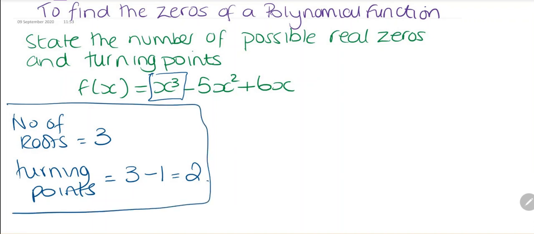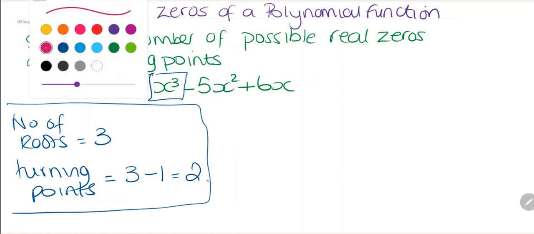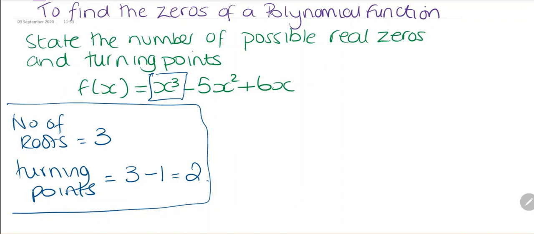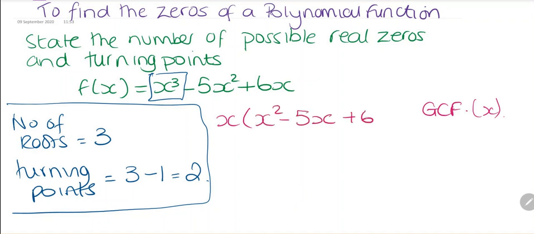So let's have a look at the function that we have. We need to factor, so we're looking for all the factors. The first thing we can do is find the greatest common factor, which is going to be x. So we factor by x, and we'll have x squared minus 5x plus 6.